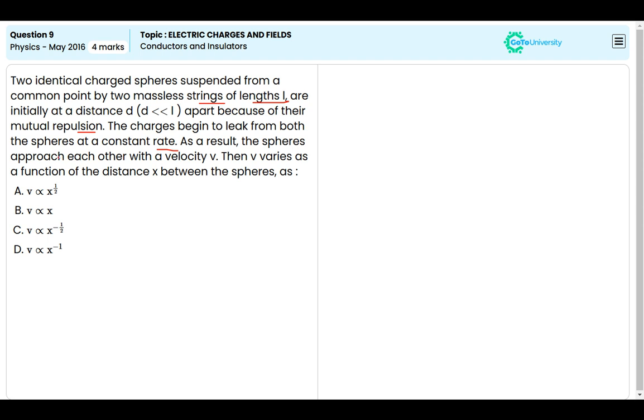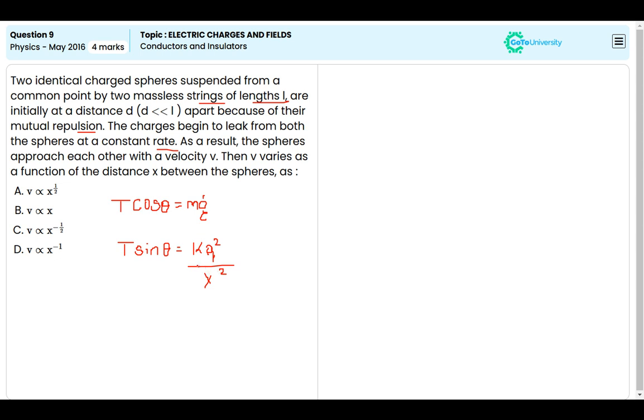Here we know that the equations can be expressed as T cos theta is equal to mg, and T sin theta is equal to k q squared divided by x squared.